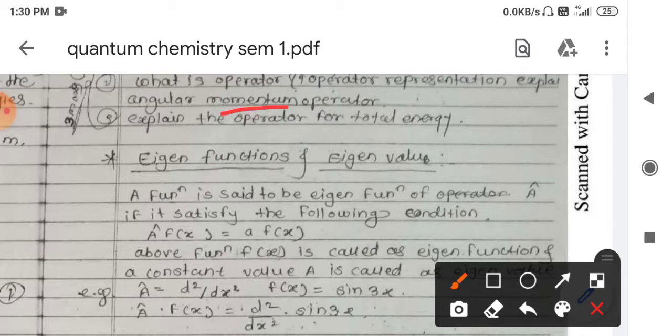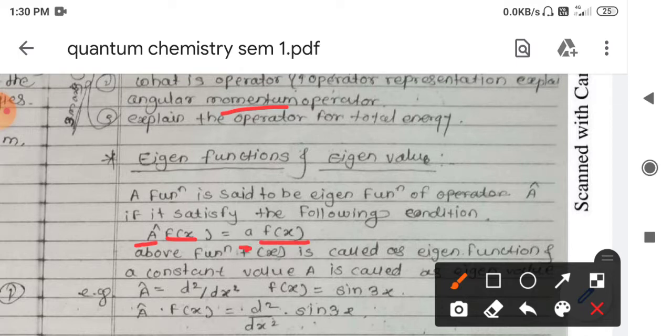Now the one thing that we should also understand is what we mean by eigenfunction and eigenvalue. Previously I have told you: an eigenfunction is such a function which, when operated on by a certain operator A cap, gives the same function again with a certain value.